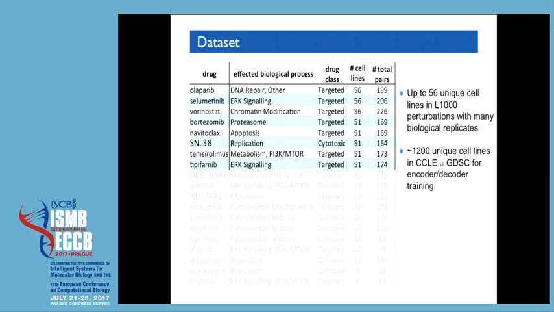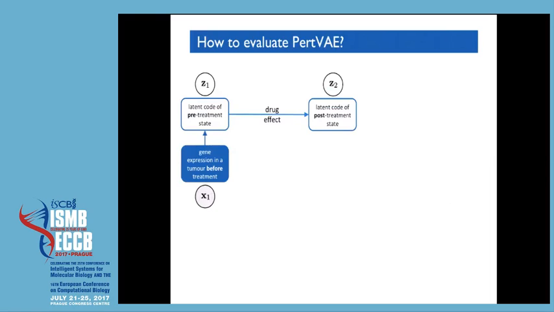And then, as I said, we use somewhere around 1,200 other cell lines that were not in the perturbation data set, from Cancer Cell Line Encyclopedia and Genomics of Drug Sensitivity in Cancer, to train also the latent representation. So we're using that kind of data to improve the encoder and decoder part. And as I said, we are using only the landmark 1,000 genes in this model.